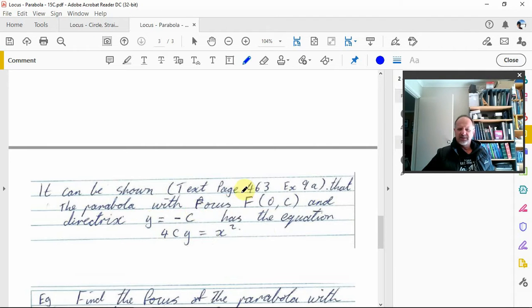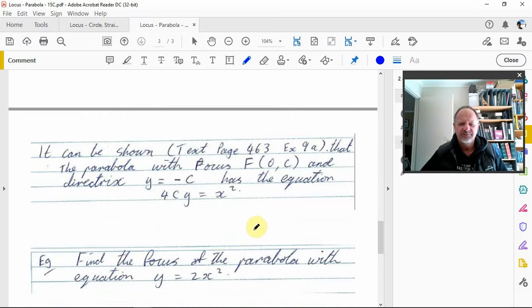In your textbook they go through that in Exercise 9A in detail, so you can look at that if you want. If you're not sure, make sure you get some help as to how it figures out. But anyway, this is what you end up with.